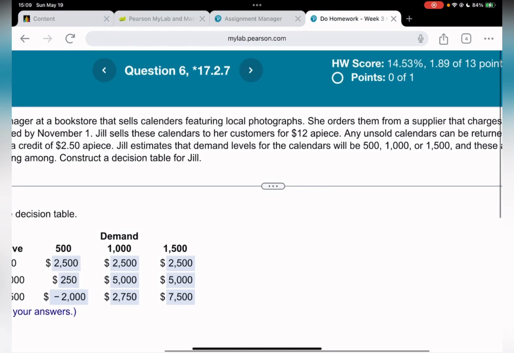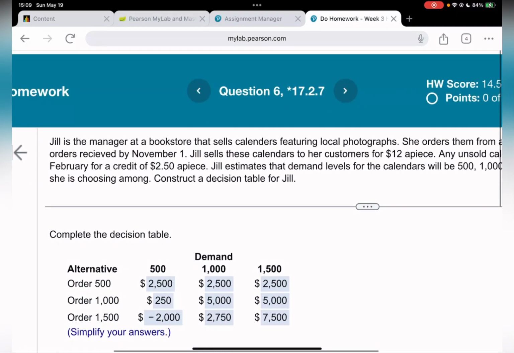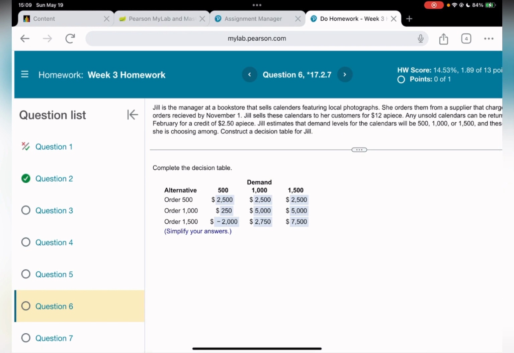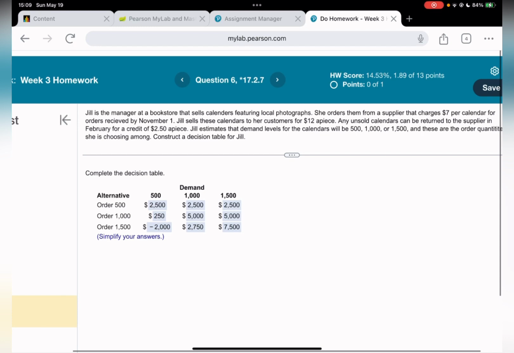Hold on. From supplier, 1 second, let me read. I want to understand if there is a difference, so I can figure out whether I should solve it or not. No, from what I'm seeing, it looks like it's gonna be the same thing.